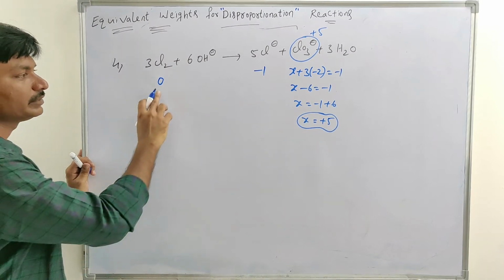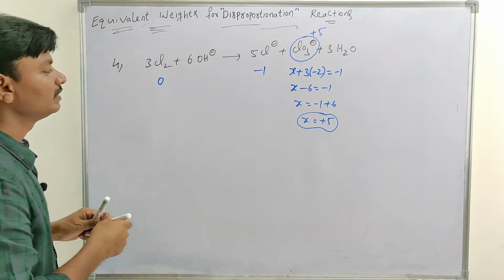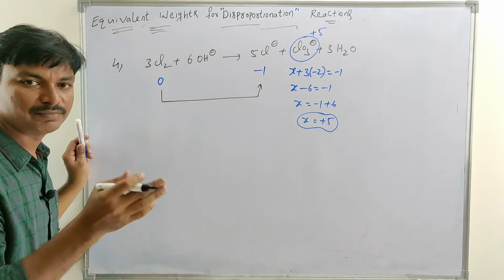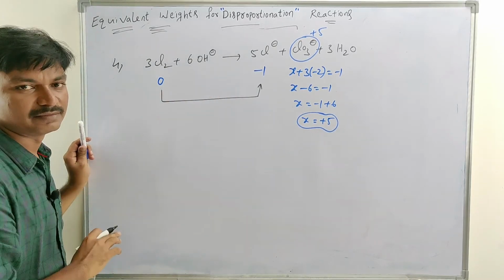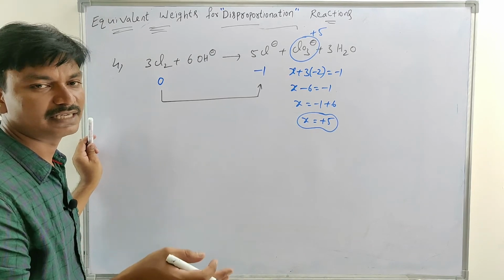Here two conversions are present between the chlorine atoms. The first is 0 to -1, which means reduction, because the oxidation number is decreasing. Decreasing oxidation number is called reduction, and increasing oxidation number is called oxidation.